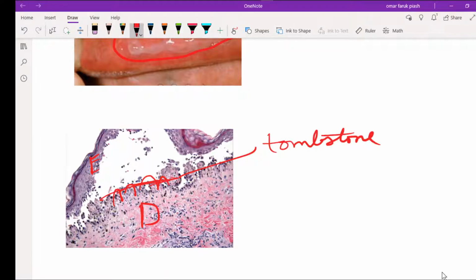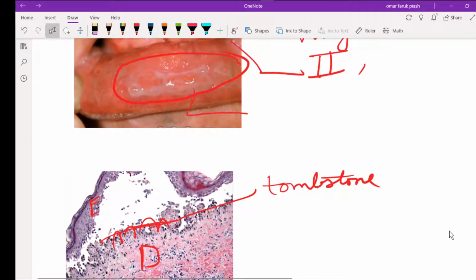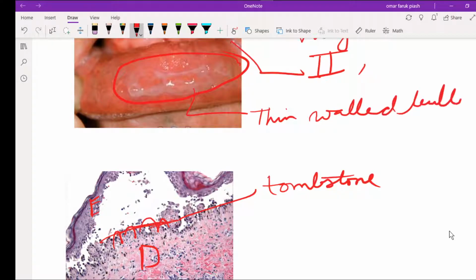And the third is a thin-walled bulla that ruptures easily. So if you get a bulla that ruptures easily, it is pemphigus vulgaris.